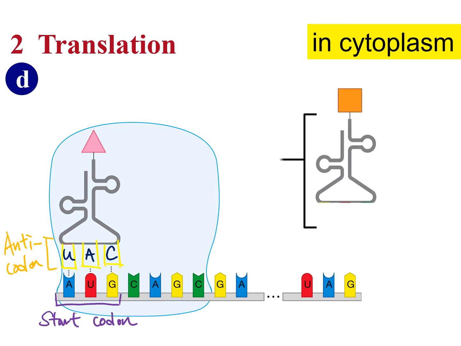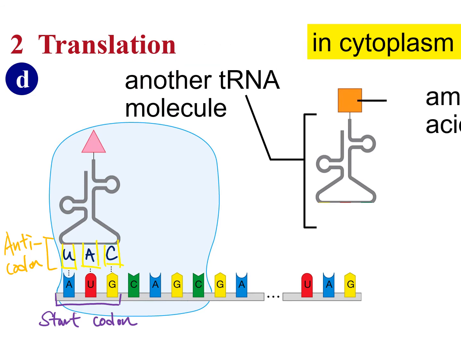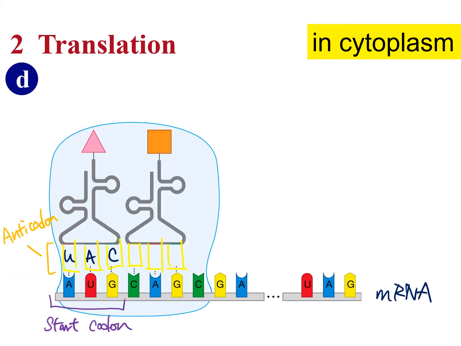After joining of the first amino acid with the tRNA to the start codon, you need to join the second amino acid with another tRNA to the mRNA. For the second tRNA to join with the second codon on the mRNA, can you please tell me what will be the anticodon on the tRNA to complementarily match with the codon on mRNA?